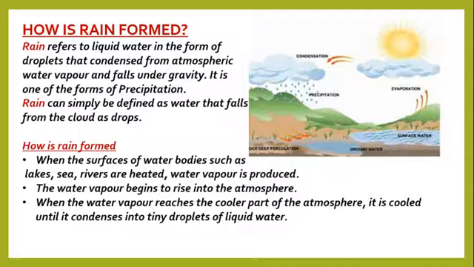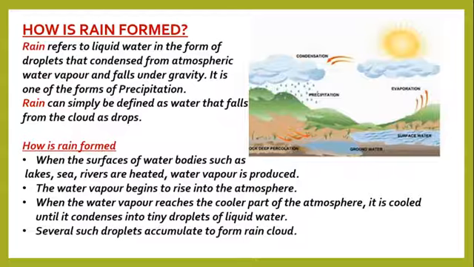Now, when the water vapor reaches the cooler part of the atmosphere, it is cooled until it condenses, thus changes to liquid. It condenses into tiny droplets of liquid water. So these tiny droplets of liquid water float in the atmosphere. Now what happens?